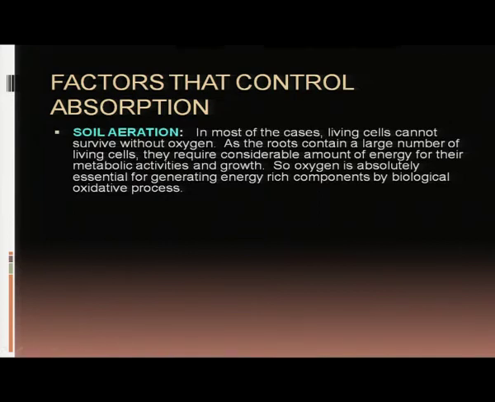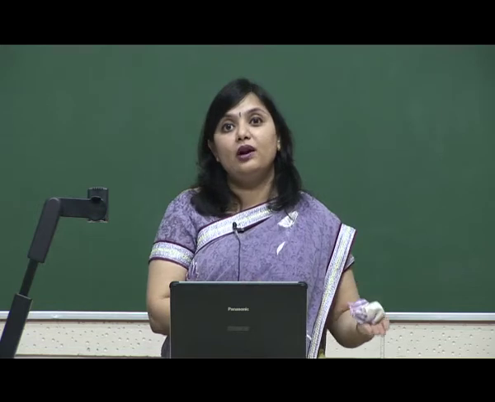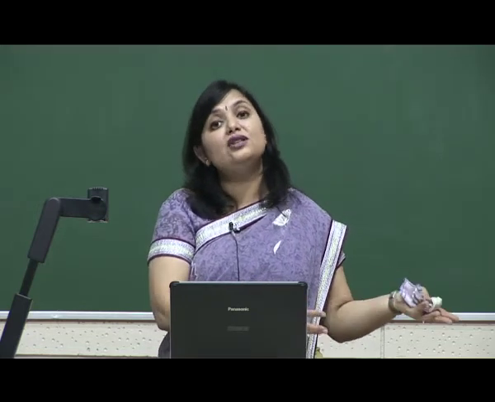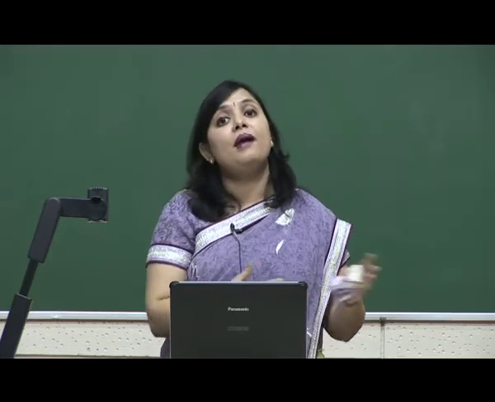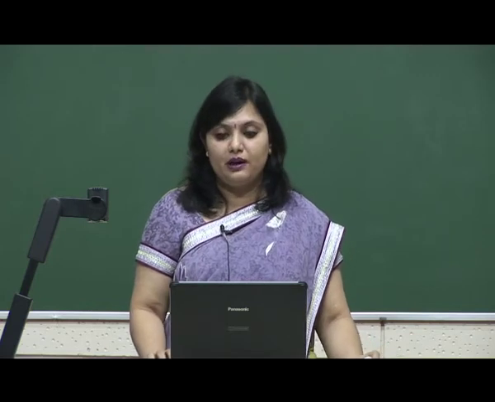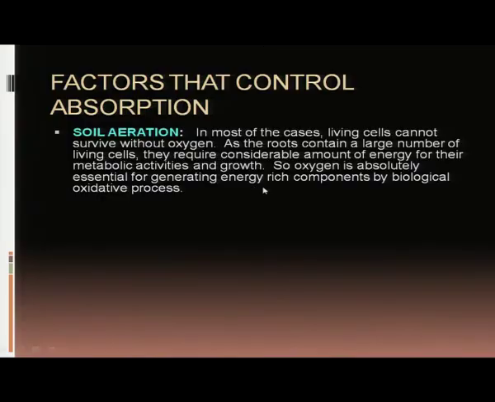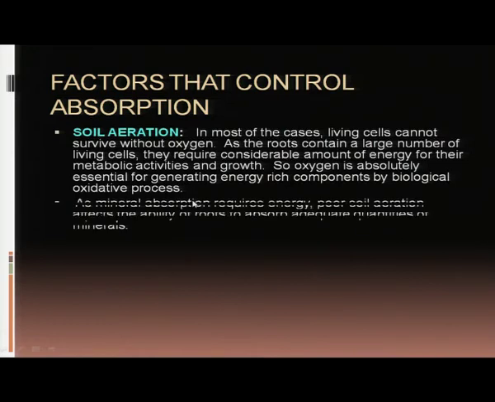So, oxygen is required to release energy for the metabolic activities by the process of aerobic respiration. Oxygen is absolutely essential for generating energy rich components by biological oxidative processes, that means generating ATP.